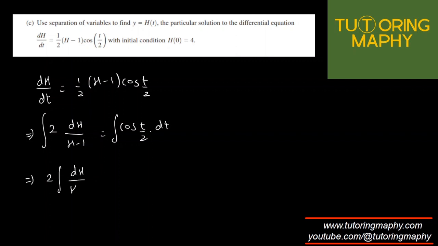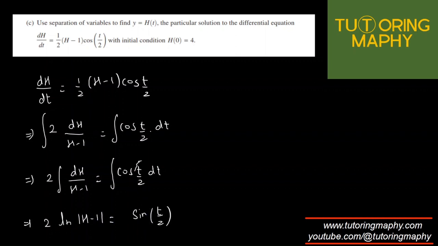So this is dh over h minus 1. This is cos of t over 2 dt. What is the integration of 1 over h minus 1, guys? I think it's ln of absolute value of h minus 1. Integration of cos is sine, but be careful here. This is t over 2, this is not t.